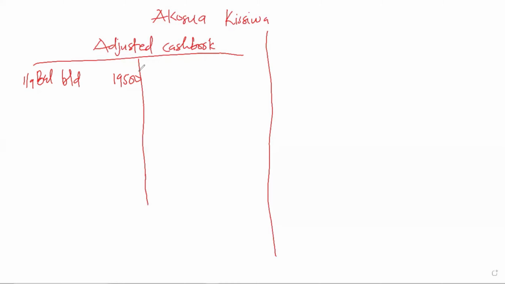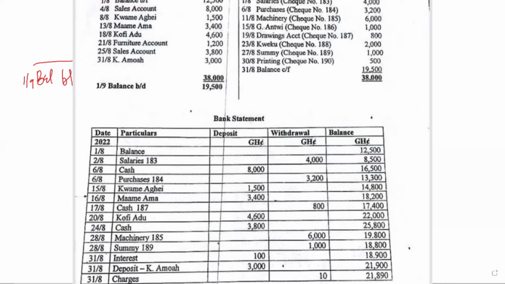So we go to the bank statement on the credit side. Here we have the deposit and the withdrawal. The deposit is the credit side, and the withdrawal is the debit side. So we are going to compare from the deposit side to the debit side of the cash book.